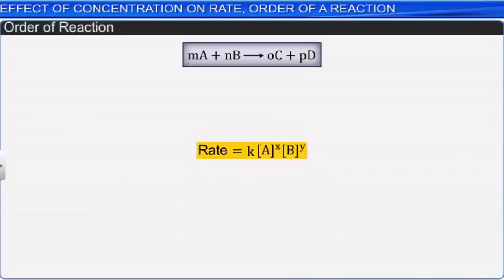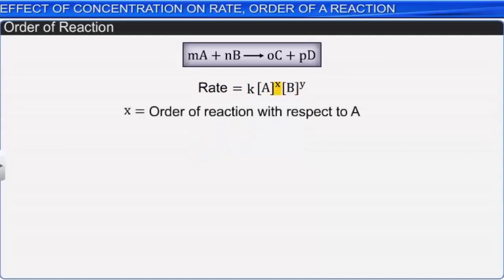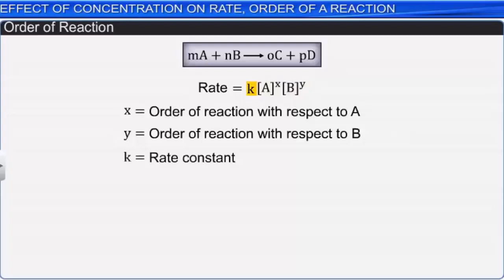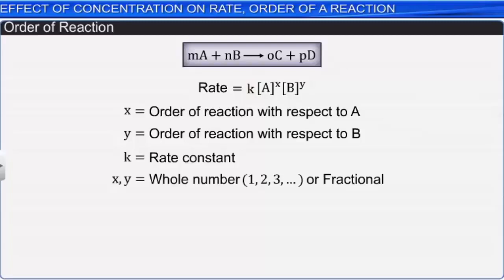In the given rate equation, x is the order of the reaction with respect to A, y is the order of the reaction with respect to B, and K is the rate constant. Also, x or y is usually a whole number integer, such as 1, 2, 3, or fractional.